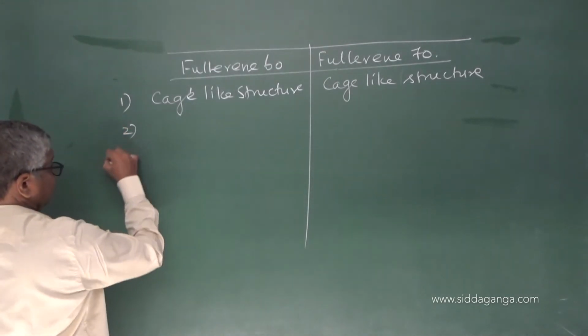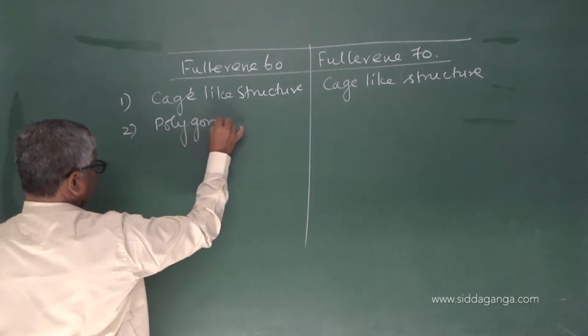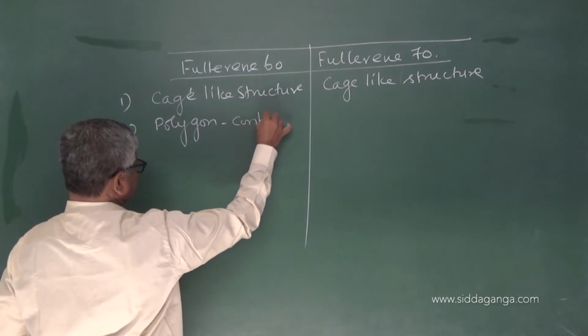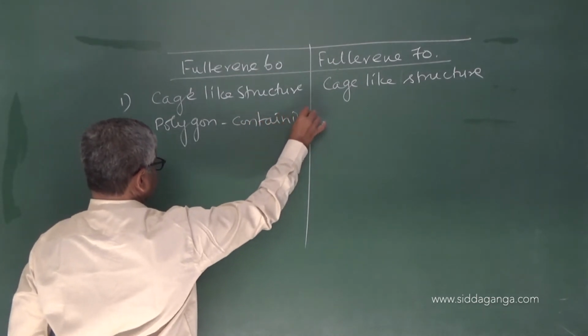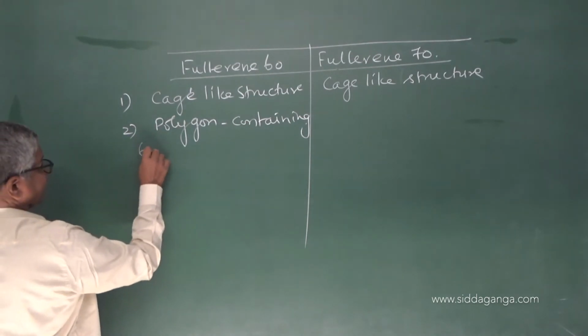And fullerene is a polygon containing 60 vertices and 32 faces.